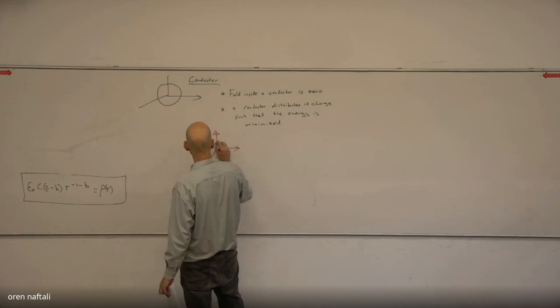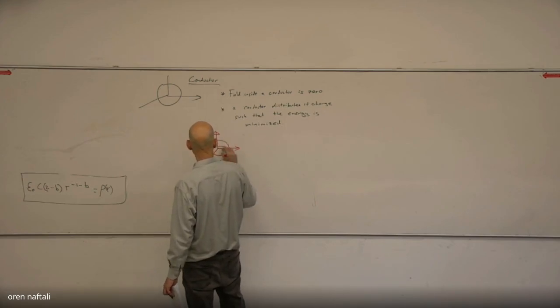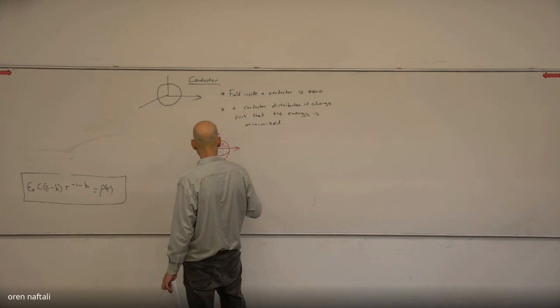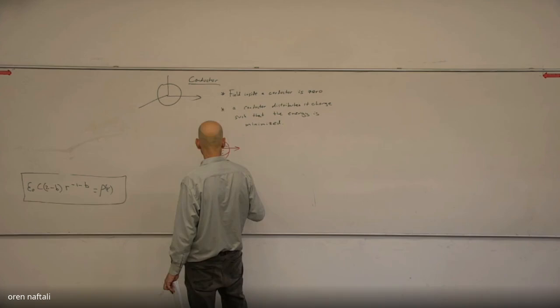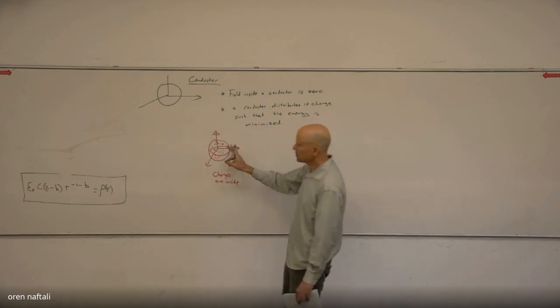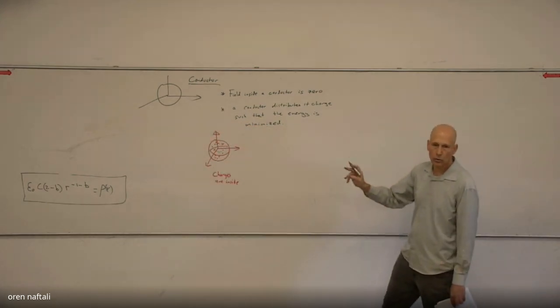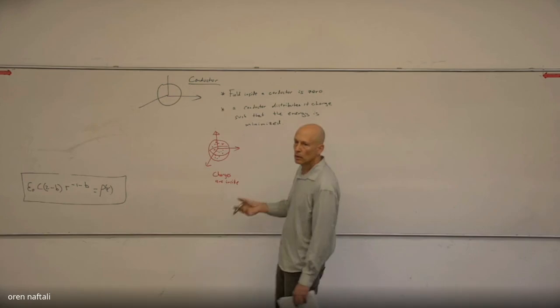So imagine we have a sphere, and imagine the charges are all over the place. So this is, let's say, some charges are inside. This is not a conductor, right? Because what does a conductor do?